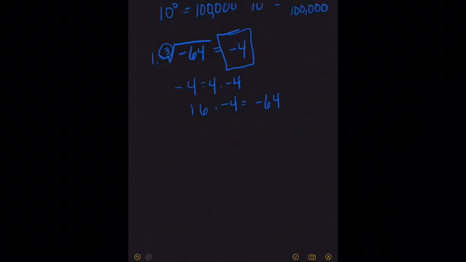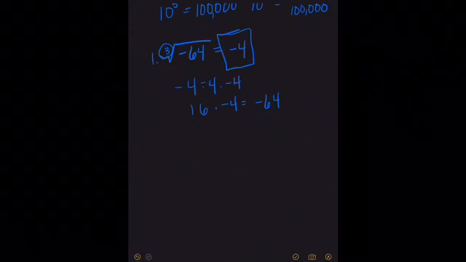All right, number 2. I'm going to let you do 2 and 3 and 4 on your own because you have your charts. Those should not be a problem for you. But let's look at example number 5. So it says 1 over 4 to the negative 2.